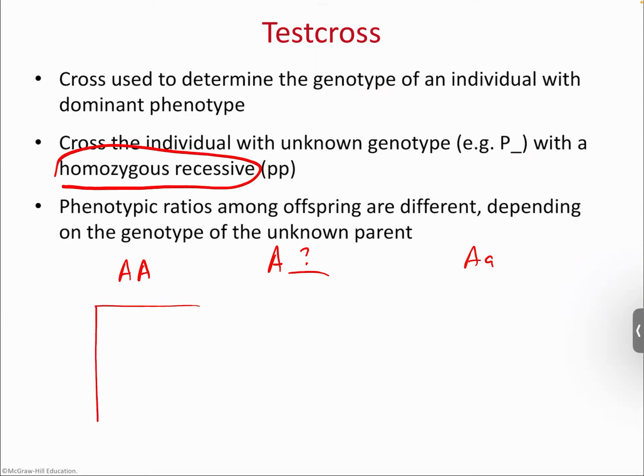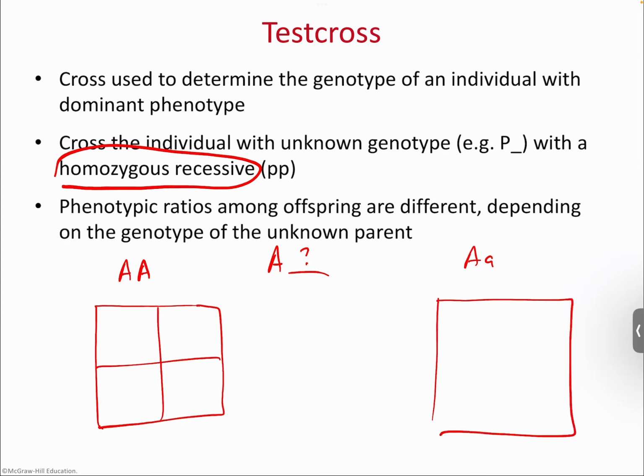So essentially you're going to set up yet more Punnett squares. And your homozygous recessive is only going to have the homozygosity there, right? So it's going to be like that. Now this guy is either going to be this one, or he's going to be like this. Okay? So let's see what you get from either one of these. If it is a big A allele, then you're going to get something that looks like this.